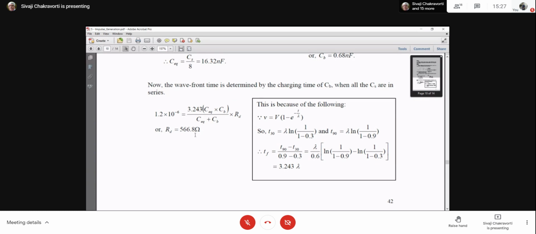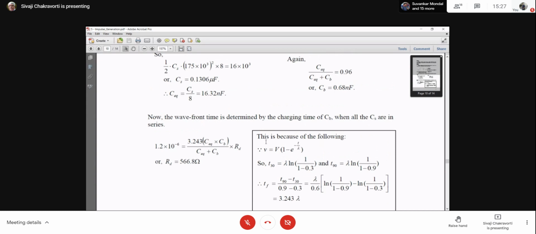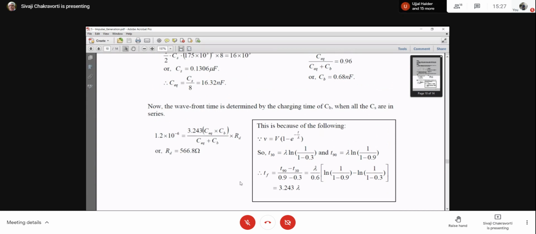So 1.2 microsecond, which is the front time, is equal to 3.243 lambda. So 3.243 on the left side into R into C, and this R is RD. Since you have already calculated C equivalent and the load condenser, we put the values, and we get RD as 566.8 ohm.